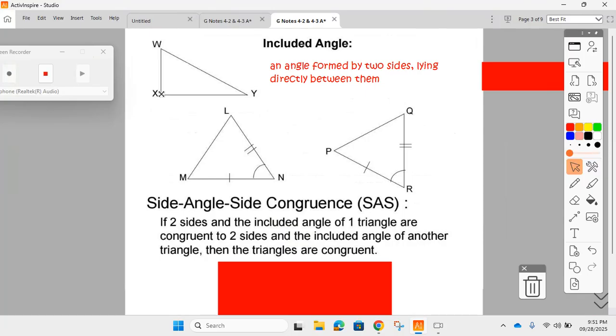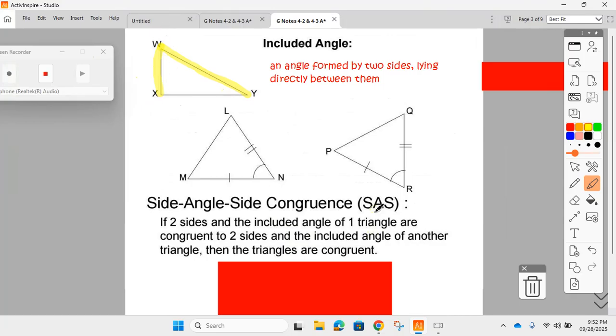This segment XW and segment YW, where they meet, forms that angle. So that makes W the included angle there. If I'm looking at these 2 sides, W is the included angle between these 2 sides. Angle Y is not included. It's only part of one segment. Angle X is not included.